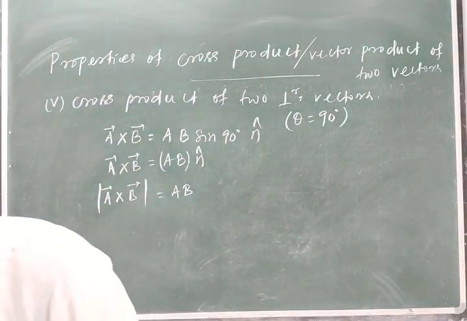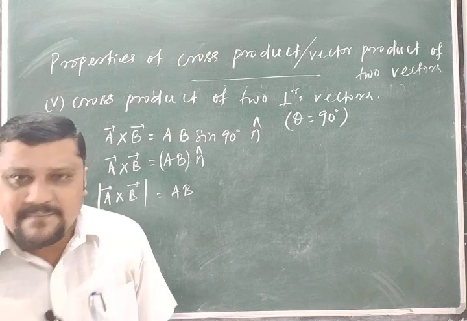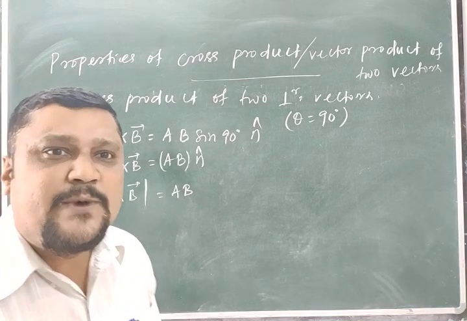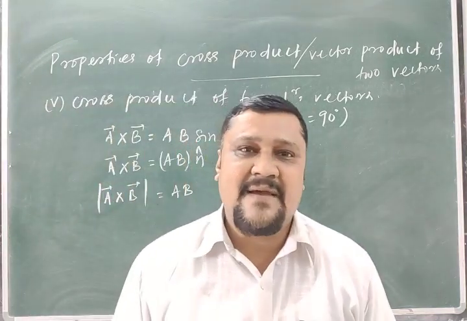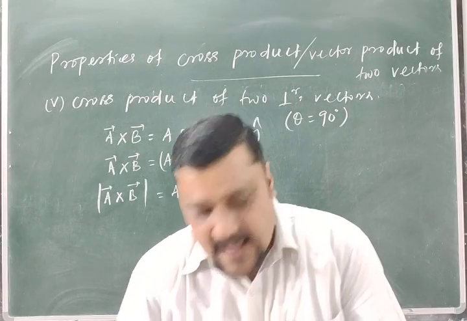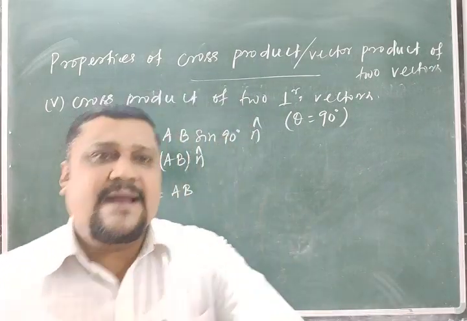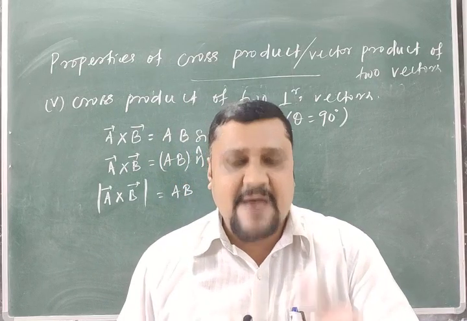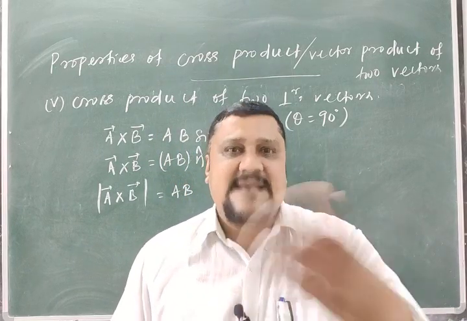After knowing this, now we will play with the orthogonal unit vectors i cap, j cap, k cap. Now I will do the cross product of i and i, j and j, k and k, or i j, j k, like that.